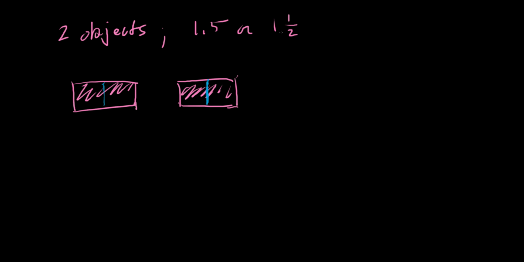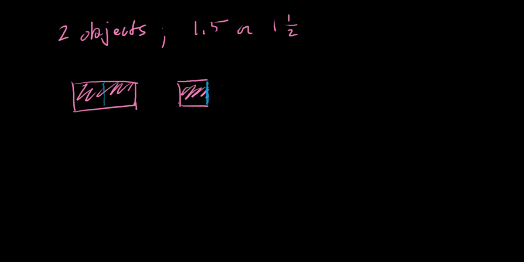If I said I have one and one half, well, that means one of these I have the entire thing. So I have two of the halves, making it a total of one. The other one I have just half of. So I could erase that whole thing right there because it's gone. Say I ate it, right? So now I have one whole one and now a half of one.